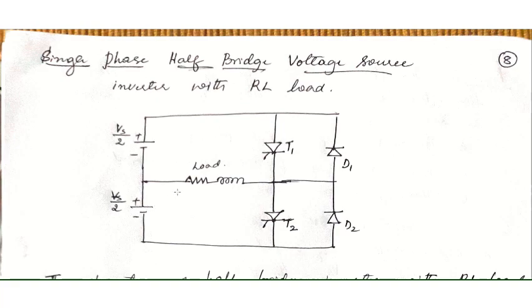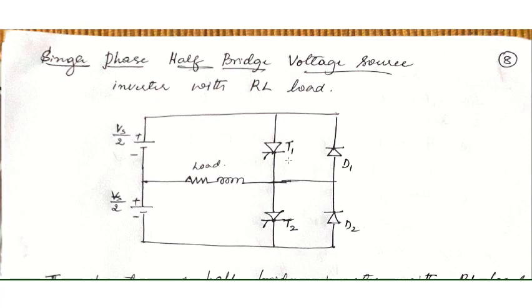Because of that, we know that when T1 is conducting, the output at the load will be plus Vs by 2, whether you name it Vs or EDC, it is the input DC.